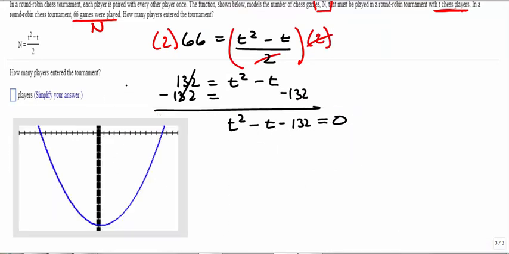So from our graph here, we have our solutions at t equal negative 11 and t equal 12. So I either have 12 players or negative 11 players that showed up. Well, obviously you can't have negative 11 players showing up, so I have 12 players as my solution.